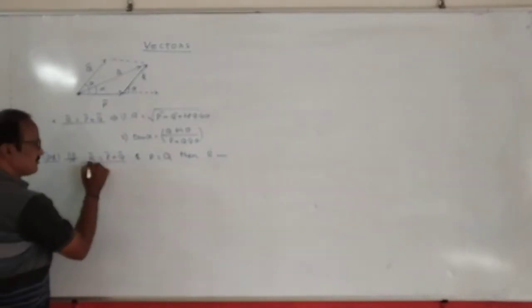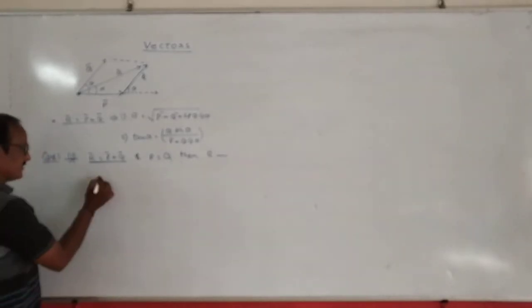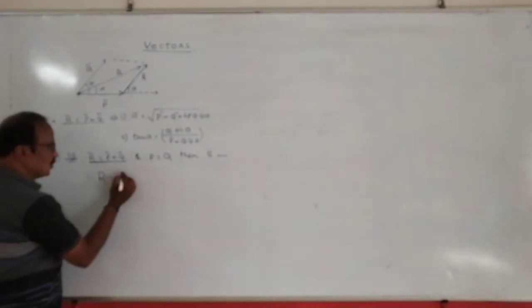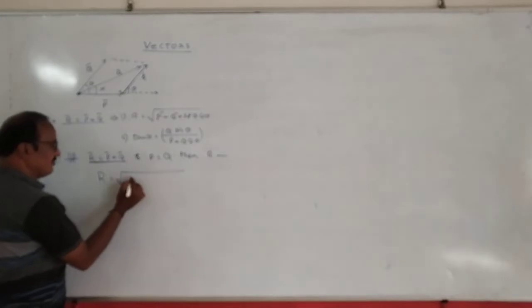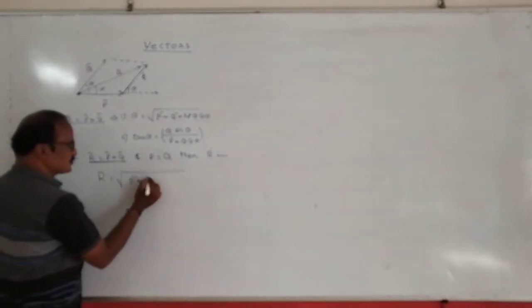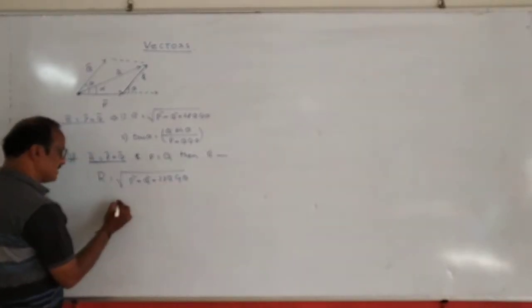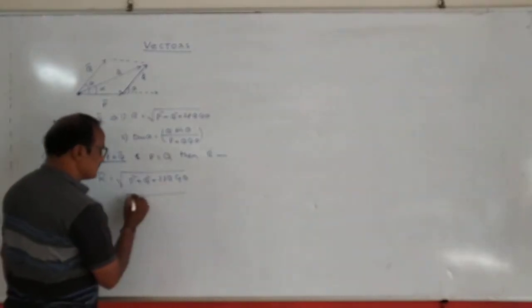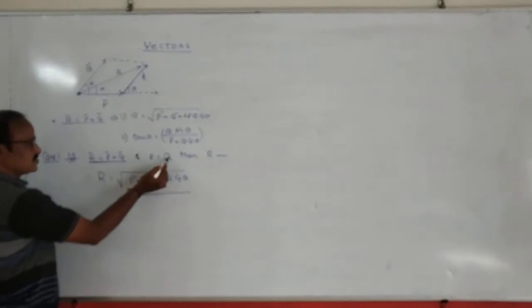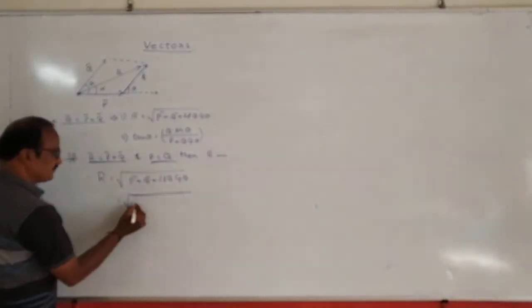If R bar is equal to P bar plus Q bar, then R is equal to root of P square plus Q square plus 2PQ cos theta. Here Q is also replaced with P because P is equal to Q. It is a given value.